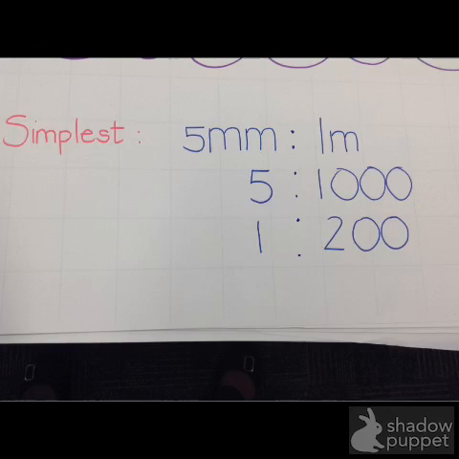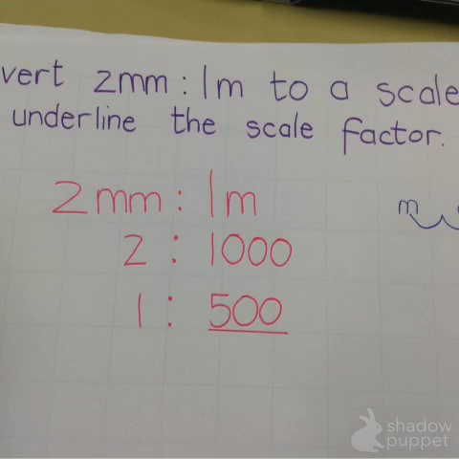Then we bring it down as low as we can go. What goes into 5 and into 1,000? 5 does. You divide by 5, you divide by 5, and you can't bring that down any lower. So that is your simplest ratio. All right, let's go on to another example.